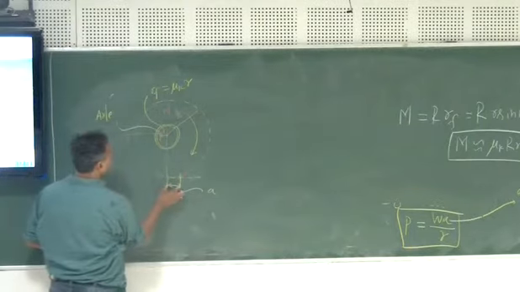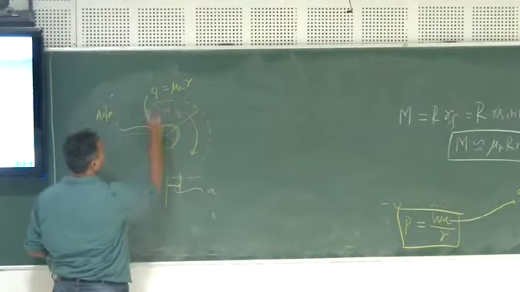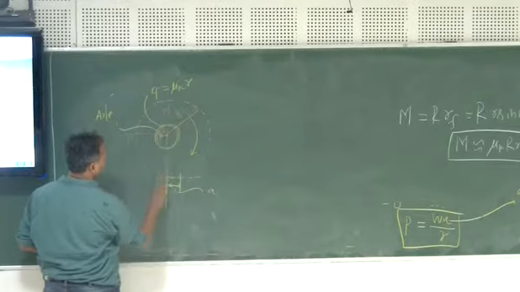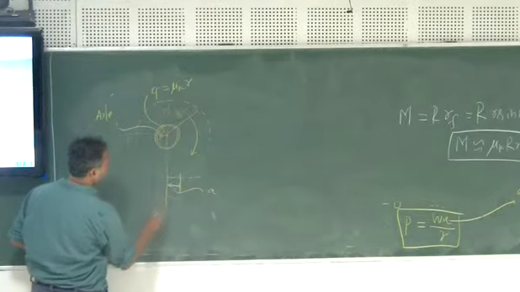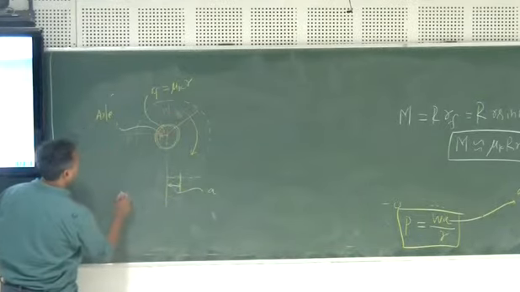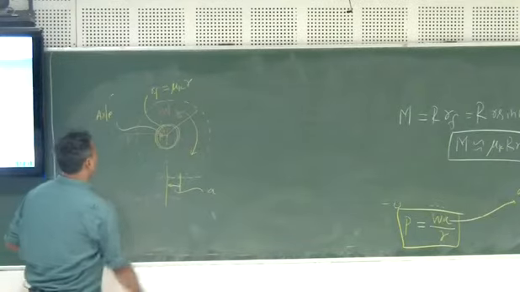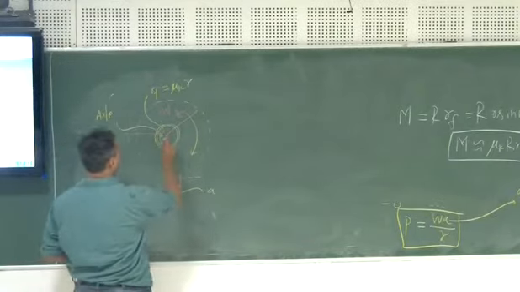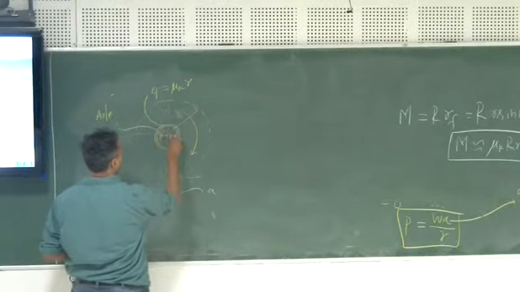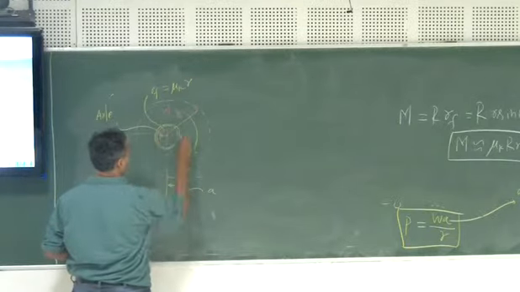Taking this as A, and this as RF, the distance between these two points is RF plus A, and taking this angle as approximately very small.